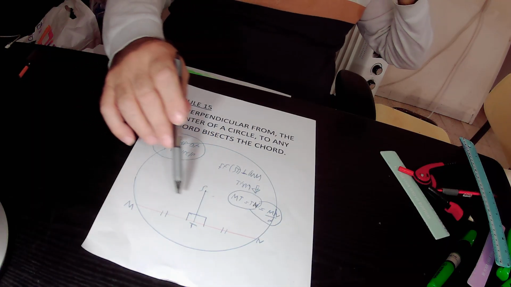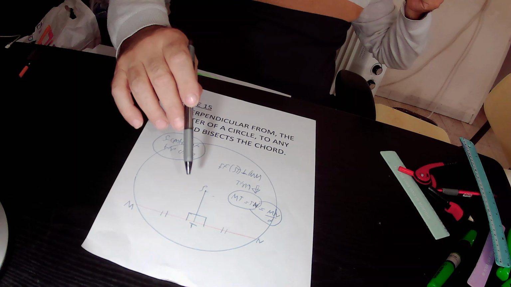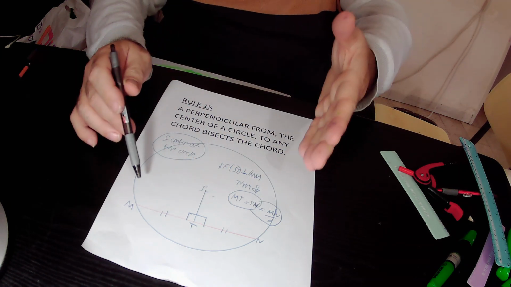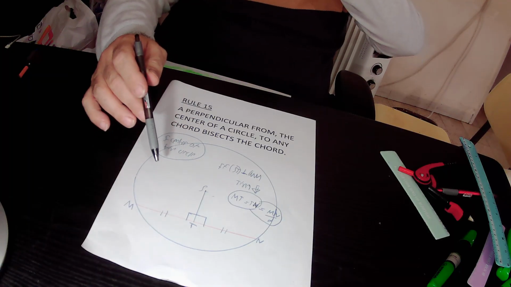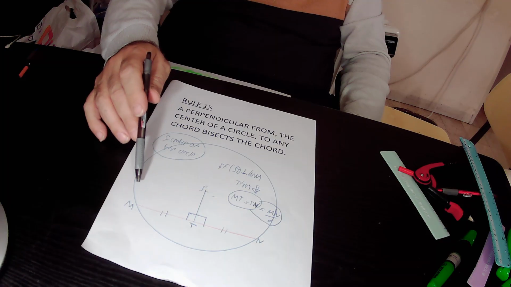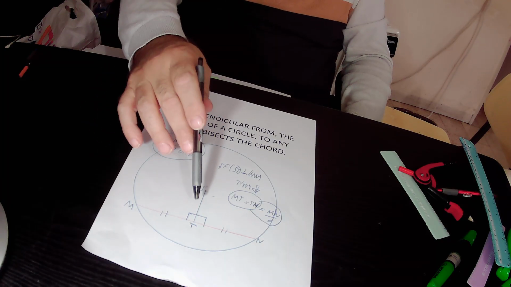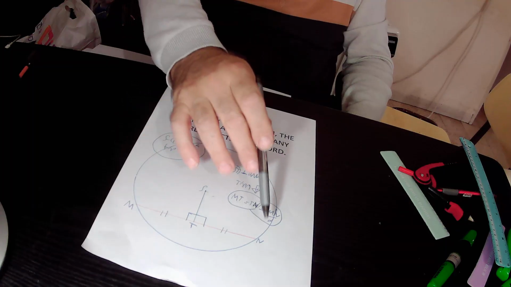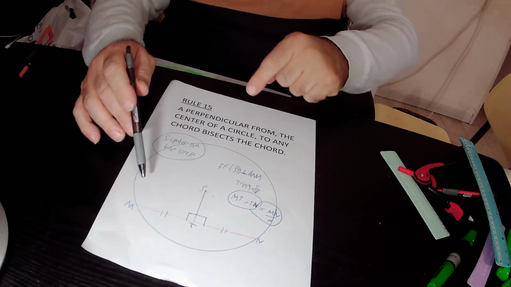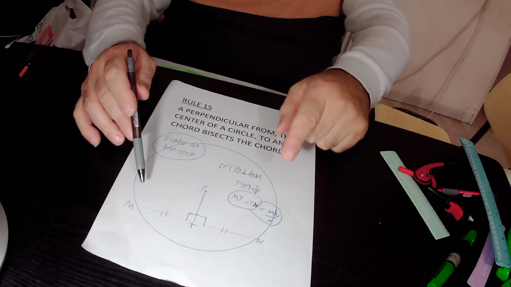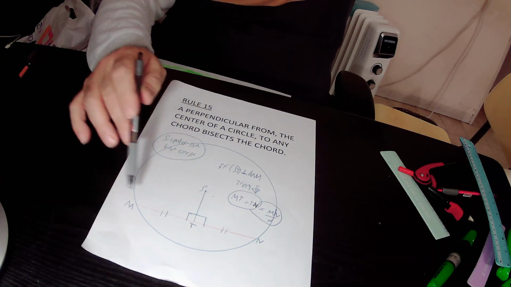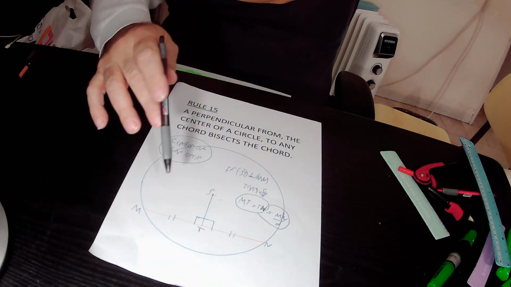The first half is MT, and it is of course equal to the second half TN, and each half must be equal to MN over 2 because MN is being bisected into two halves by ST. So MT equals TN equals MN over 2.